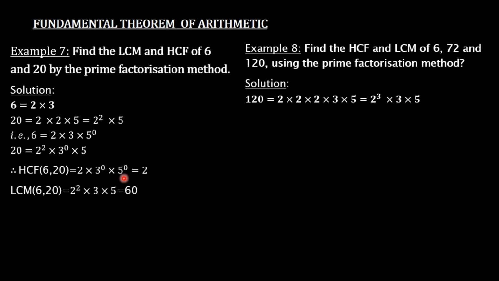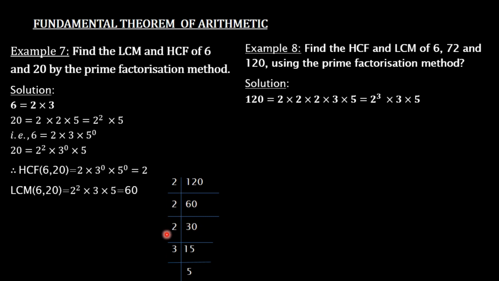If you have any difficulty doing this by mental calculation, you can use the factorization method here. 120 is divisible by 2, so 120 by 2 will give 60. Next, the prime factor 2 can divide 60: 60 by 2, 30.